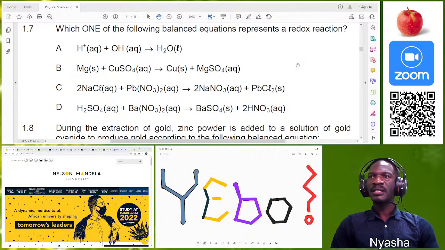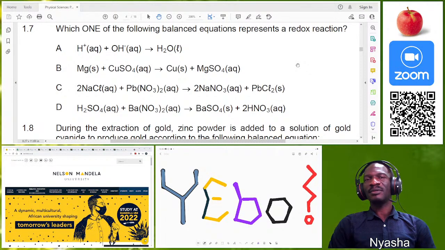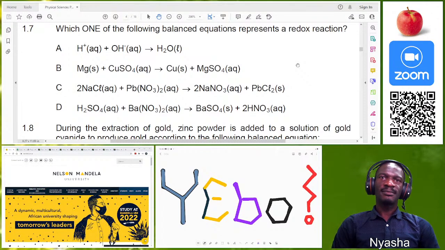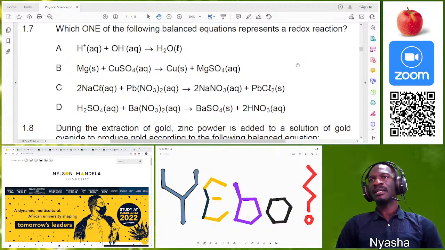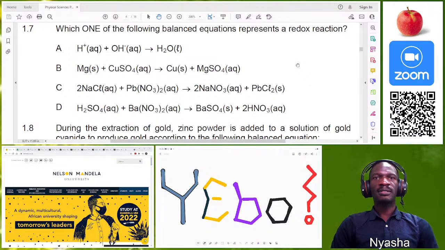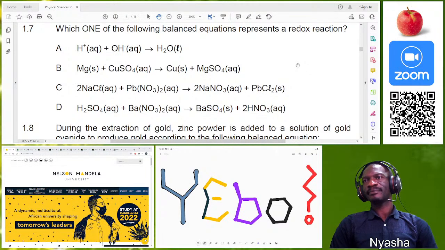So in the first equation, you just have your proton reacting with a hydroxide ion. So you just have your two ions, and they combine to form water. You've got a solid magnesium in part B that is reacting with copper sulfate to form solid copper particles in aqueous magnesium sulfate.